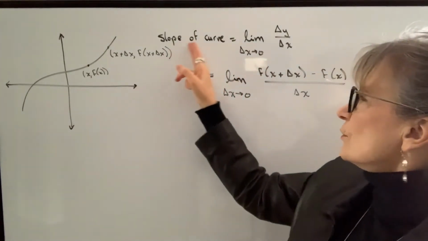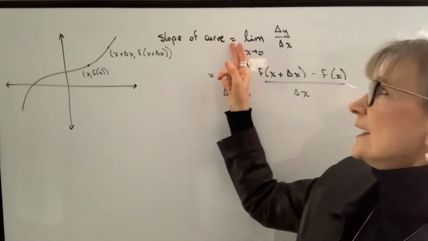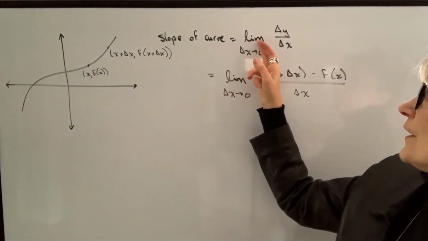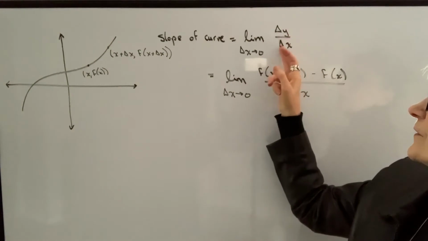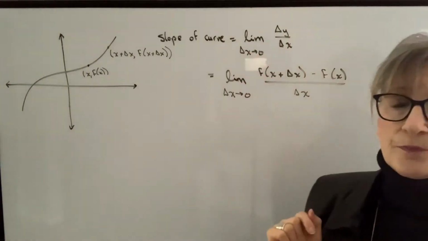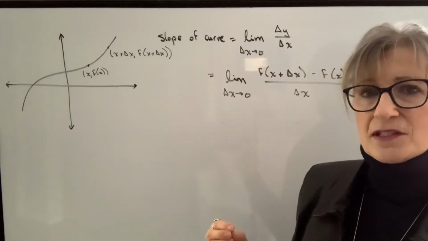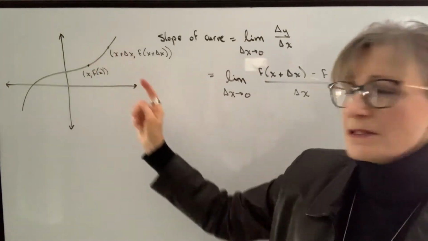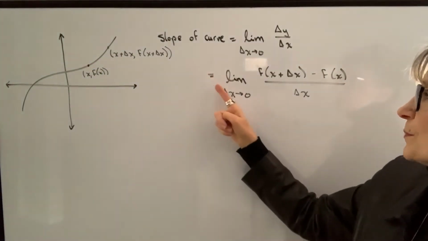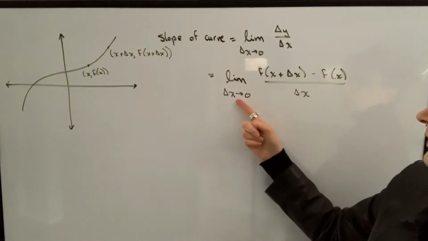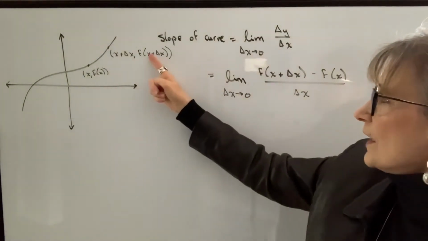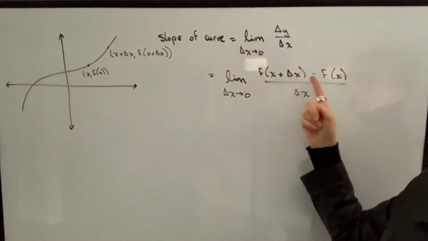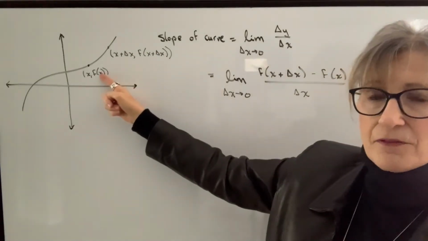So we define slope of a curve or slope of a tangent line as the limiting value of delta y over delta x as delta x approaches 0. Then we define that more specifically in terms of those 2 points. So the slope of the curve or the slope of the tangent line is the limiting value of this y value, f of x plus delta x, minus this y value, f of x.